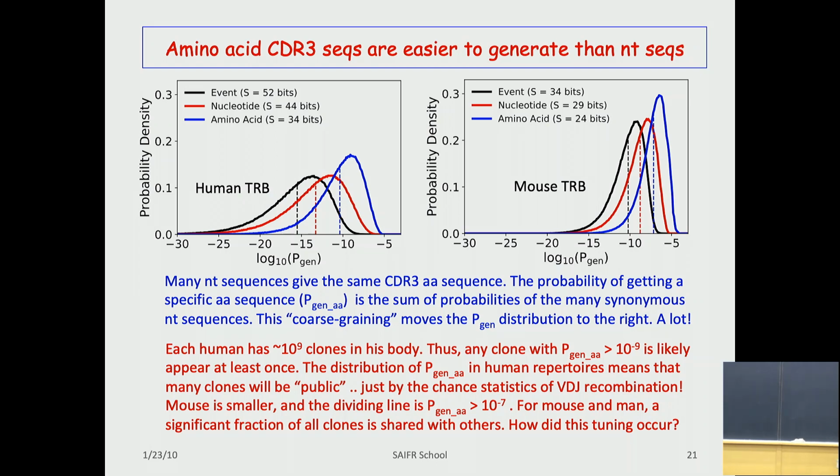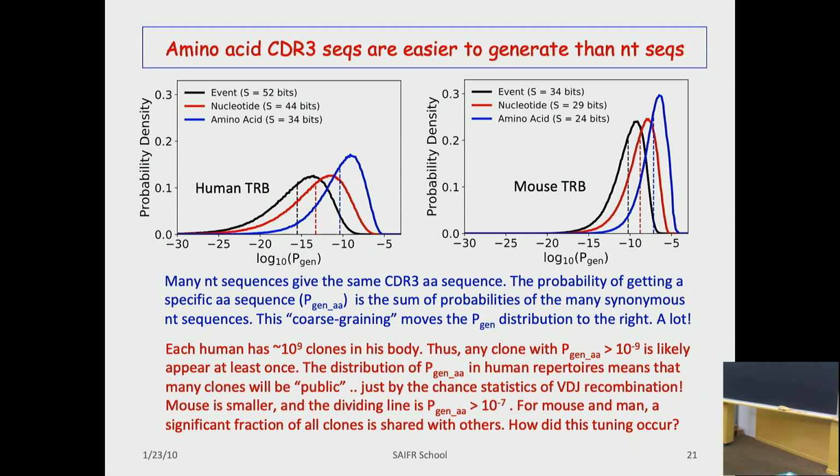Yes? You're telling us about productive or non-productive sequences? Well, at this point, I have a productive sequence. It has an amino acid sequence, and I want to know what's the probability of generating that sequence. Again, I'm asking what was the probability that my stem cell rearrangement event produced one of the nucleotide sequences that does give you that amino acid sequence.